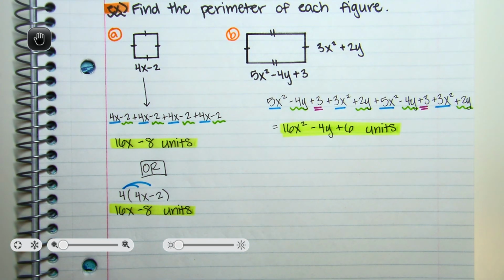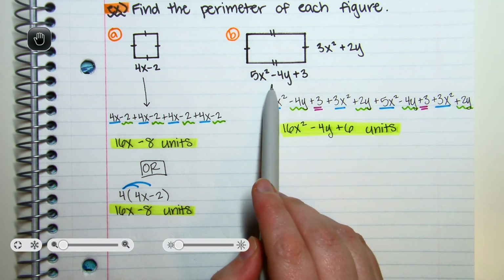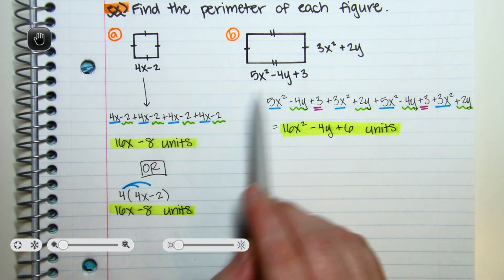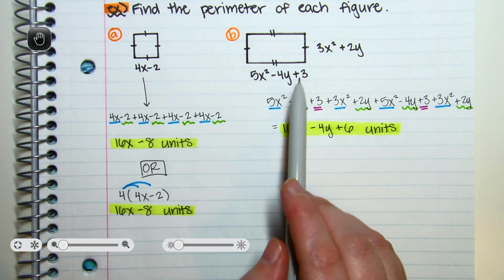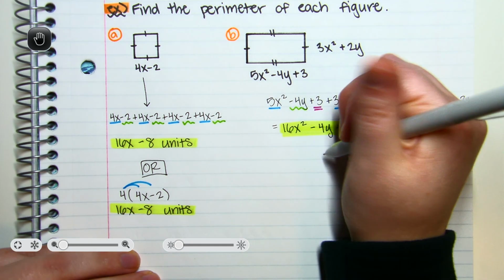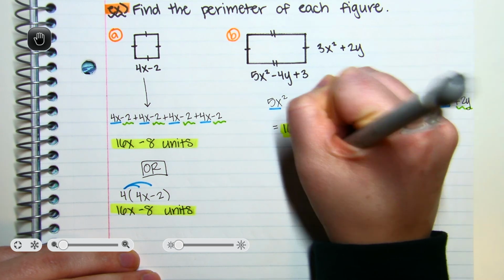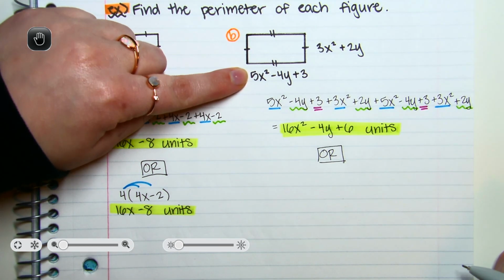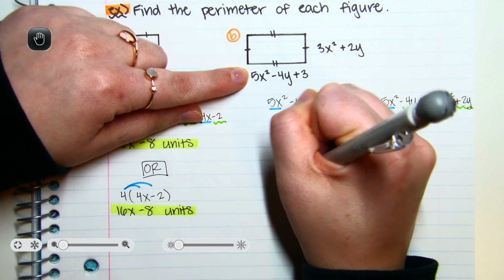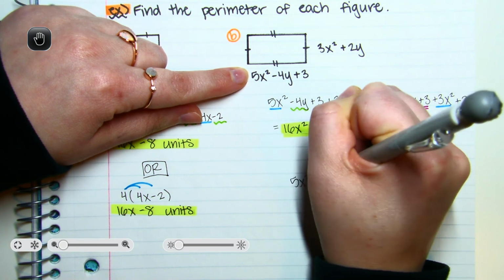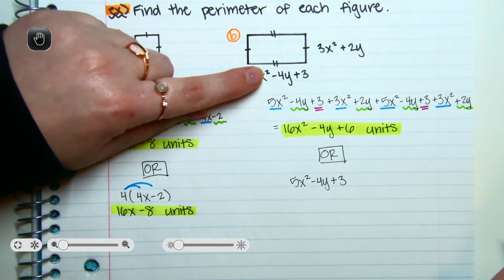Now our other option for solving this, can anybody think of what the other option would be? Good, if you said something along the lines of 2L plus 2W, or multiply each side by 2 and add them, anything along those lines, you are correct. So this bottom side, the 5x squared minus 4y plus 3, there's 2 of them.